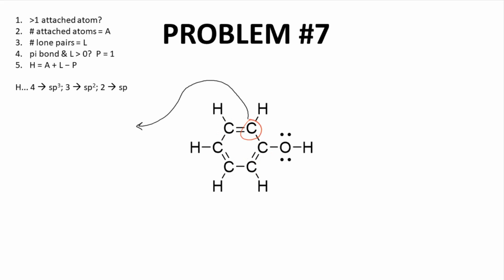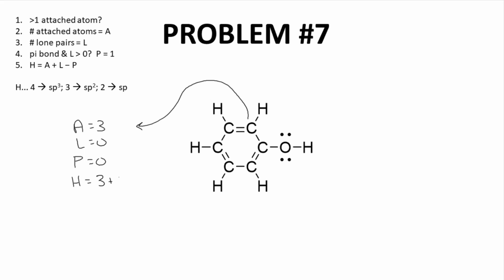Okay, so let's go over here. For this particular carbon, we are attached to 1, 2, 3 atoms. A equals 3. No lone pairs, as usual, on carbon. This carbon is part of a pi bond. It technically is next to a pi bond, but if you're part of a pi bond, this rule doesn't apply. So P is 0. It doesn't have a lone pair anyway, but this is where this rule gets a little finicky. Carbon doesn't fit the rule. So H, how many hybrids do we need?